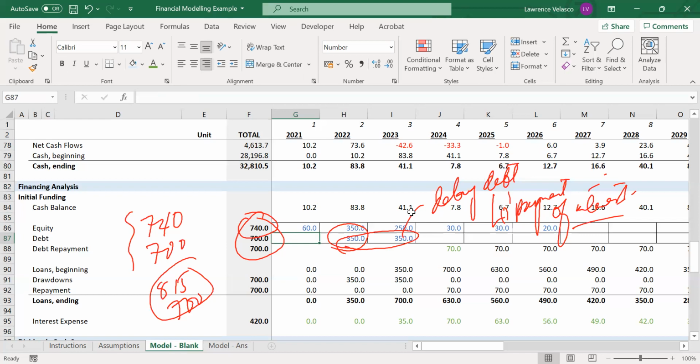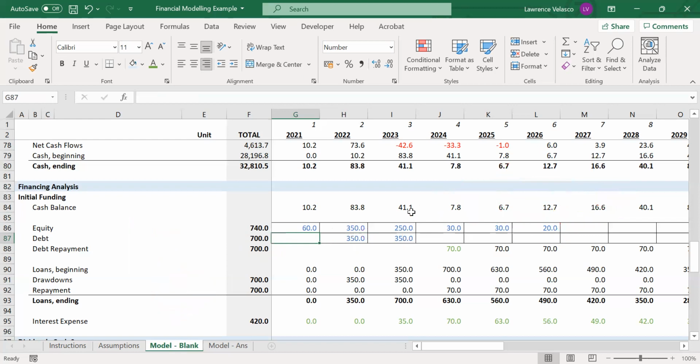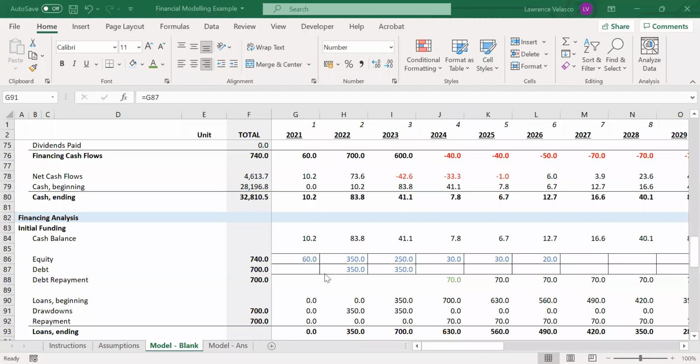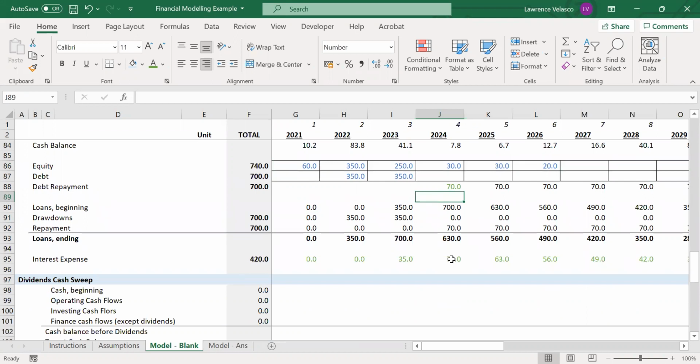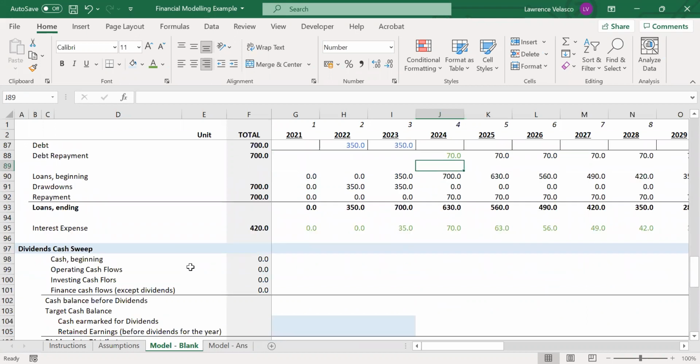Okay? So let's assume that this is the optimal funding for the company. Okay, let's assume that this is the optimal equity funding and debt and equity mix. Okay, let's finish na. And let's finish it by computing dividends.